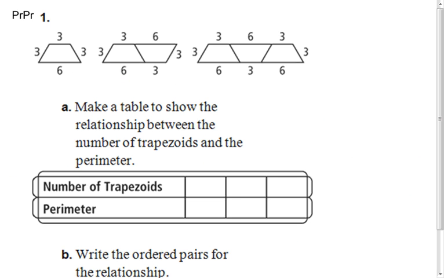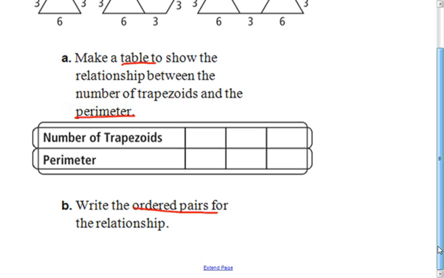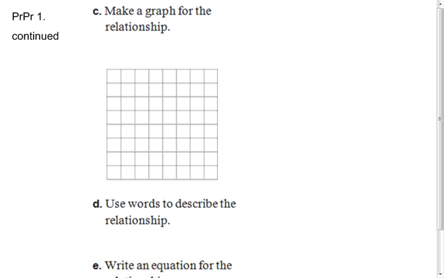Okay? Here's one to try on your own. Same type of thing, but in this case we've got trapezoids instead of triangles. Still talking about perimeter. Okay? So, make a table. Write out the ordered pairs. It's going to continue on the next screen. Turn the ordered pairs into a graph. Make sure you put numbers on your graph.